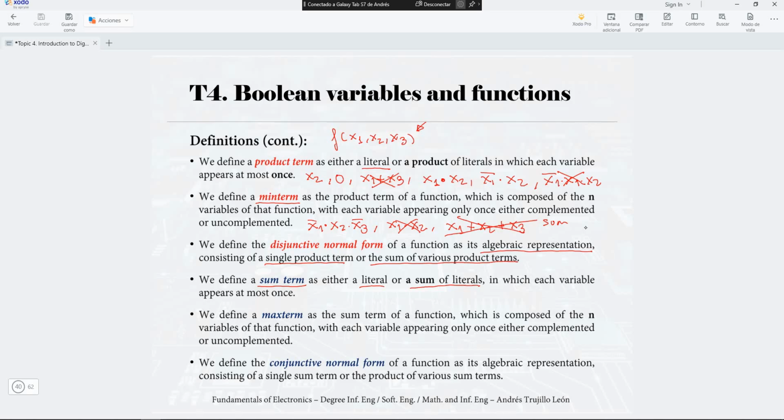So I'm going to give you examples again. We are using the same function of 3 variables as before. For example, is this a sum term? Yes, it's a sum term because it's a literal, it's a variable. Is this a sum term? Yes, because it's a literal. And this?